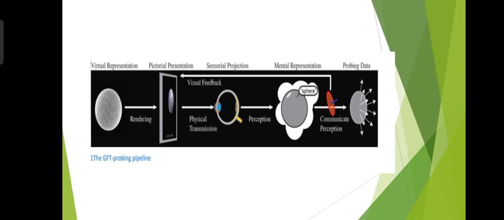After that, perception occurs such that the sensorial projection is processed into mental representation. Here we can see the sphere inside the mental representation.